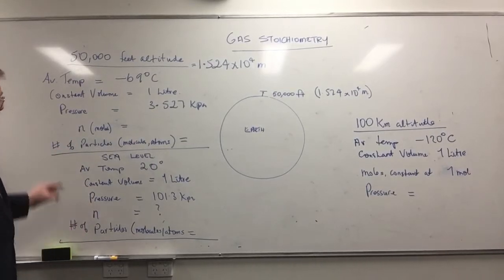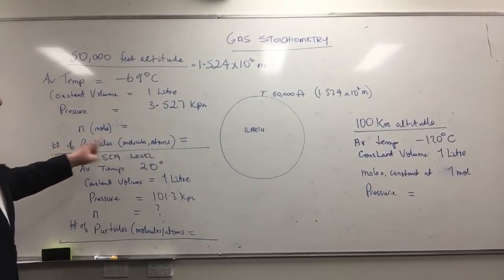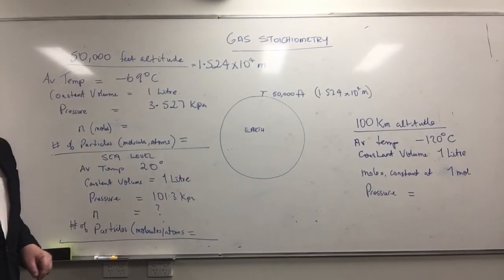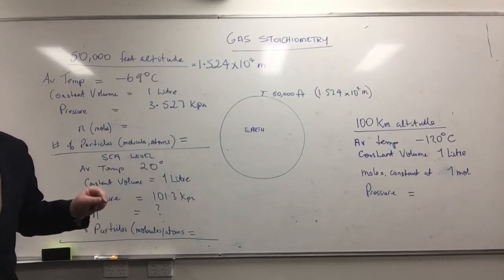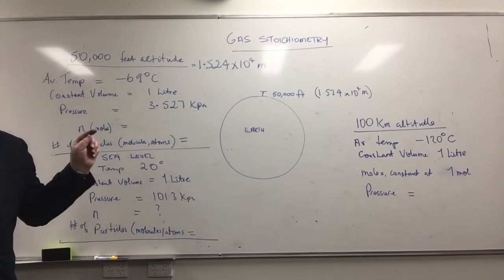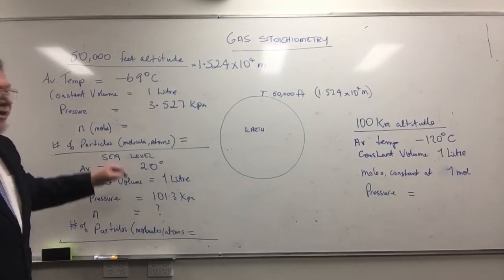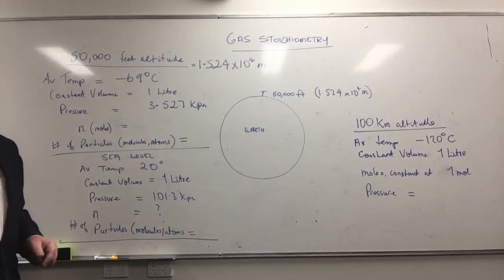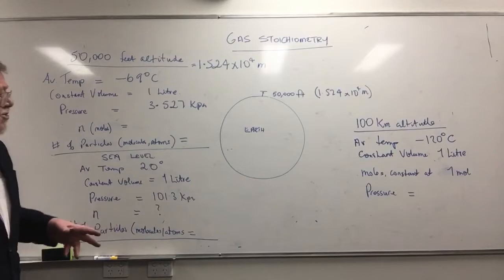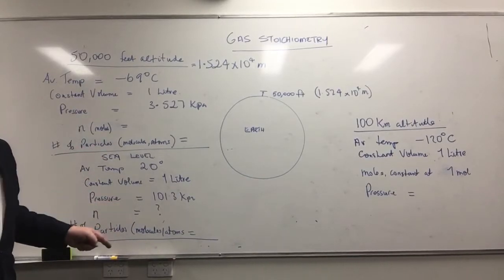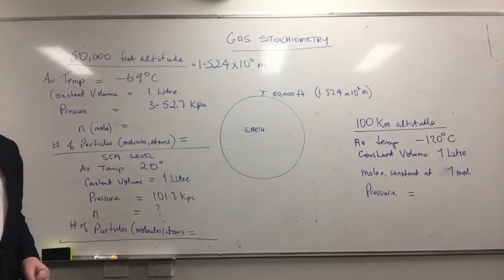And then, remember, the number of particles, the number of molecules and atoms combined, is 6.02 by 10 to the 23 for each mole. So work out the number of moles and then work out the number of particles that there would be. Then we're going to have a look and see what that's like compared to sea level.